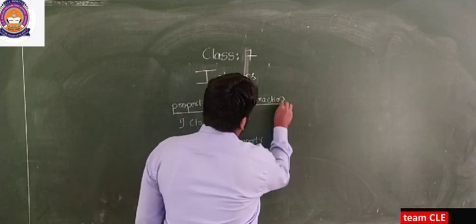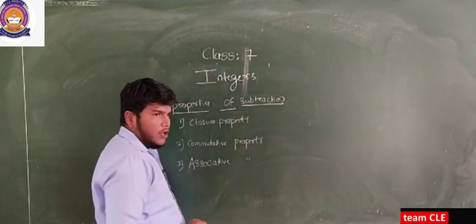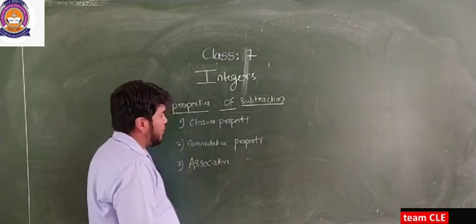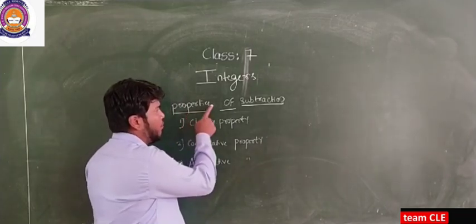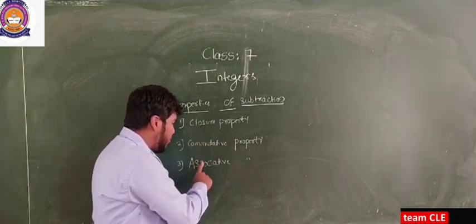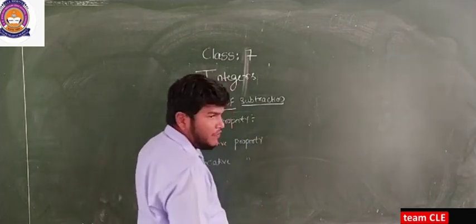So in the last class you studied the properties of addition related to closure, commutative and associative property. Now you are going to study the properties of subtraction, that is closure property, commutative property and associative property. So see here, what does closure property say?